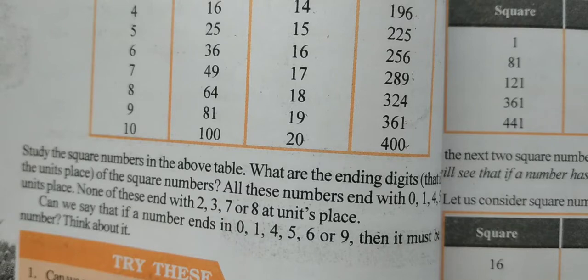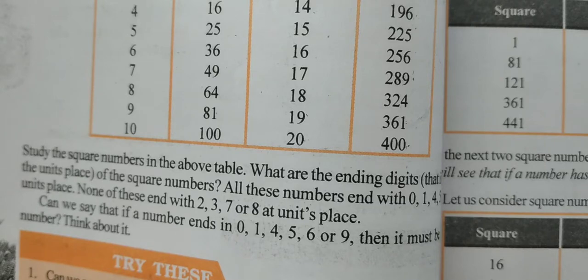it is a square of some number. Then secondly, you can guess. If the number ends with 0, then it must be the square of 10, 20, 30, 40, 50, 60, etc. Right?